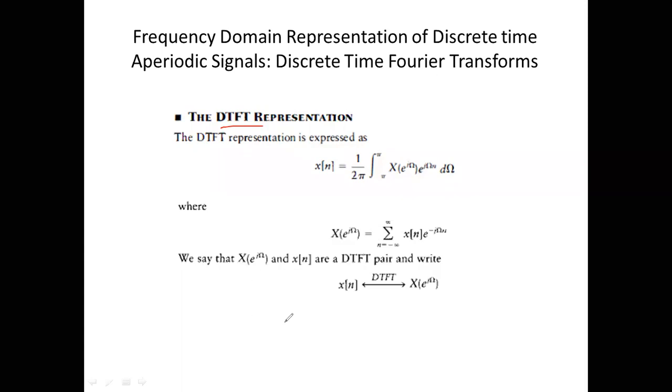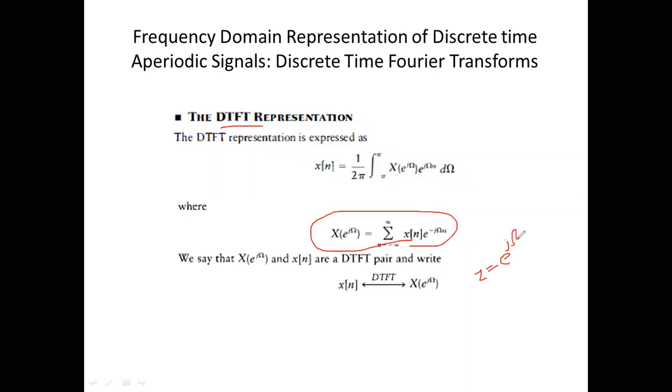And how simple or complex it is, by the way, you can see, just now we finished with the Z transform. What was the expression? X of n z to the power minus n. So here you can see your z is simply replaced by e to the power j omega.